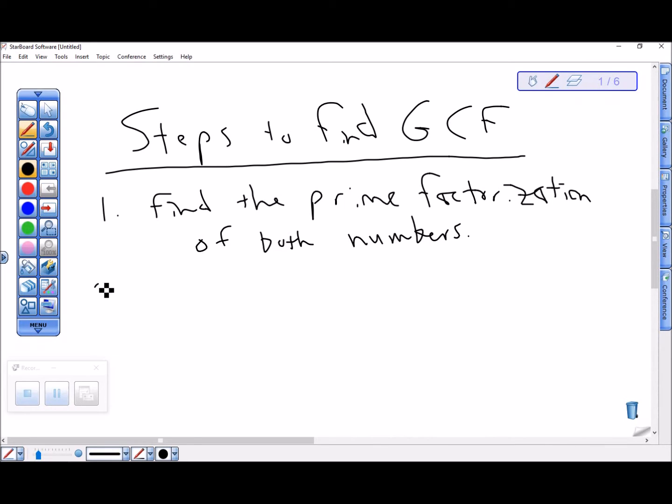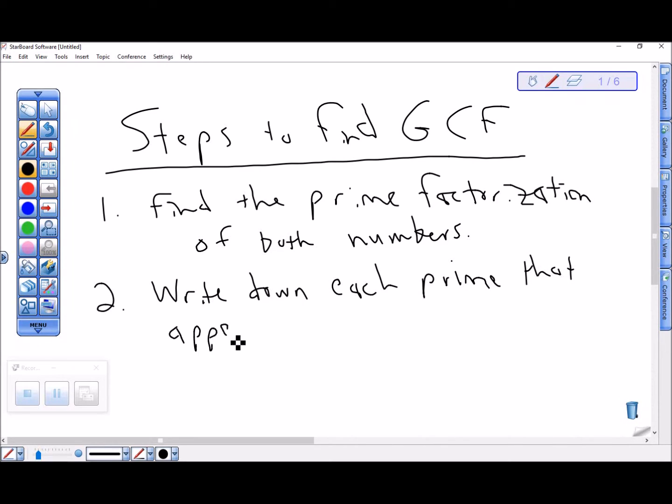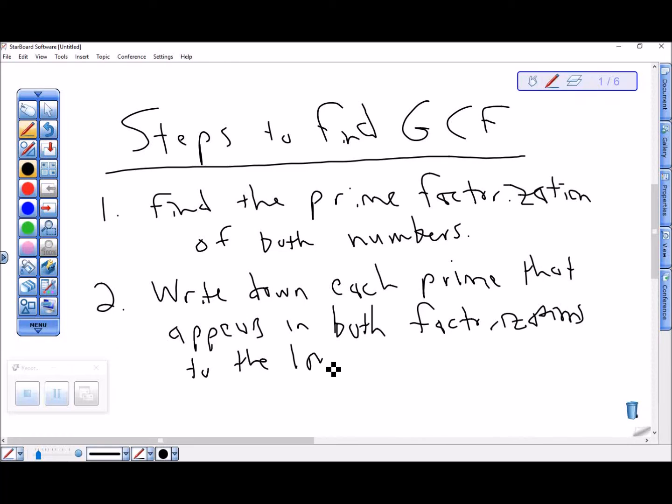Step 2 is when we're actually going to write down what the prime factorization is. And the way we're going to do that is we're going to write down each prime that appears in both factorizations to the lowest power it appears.